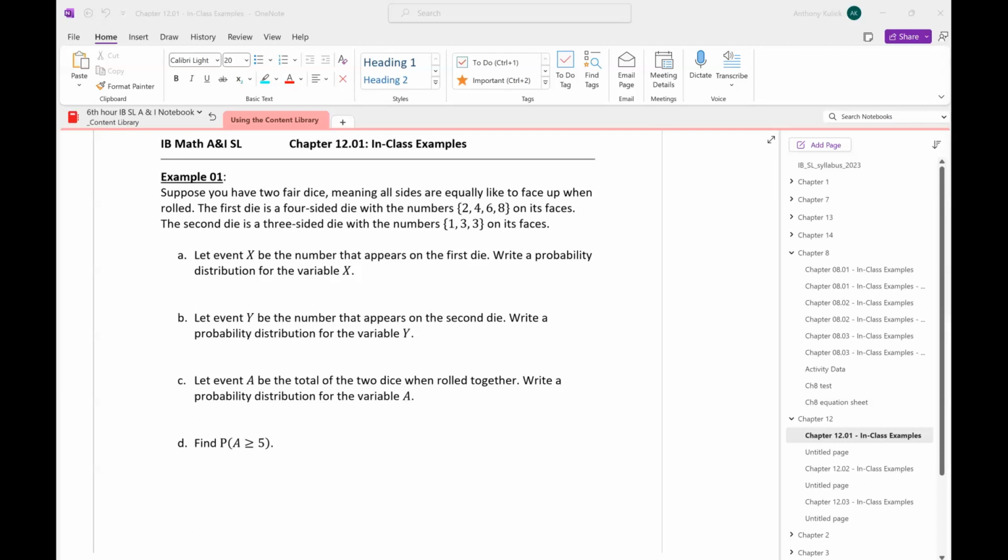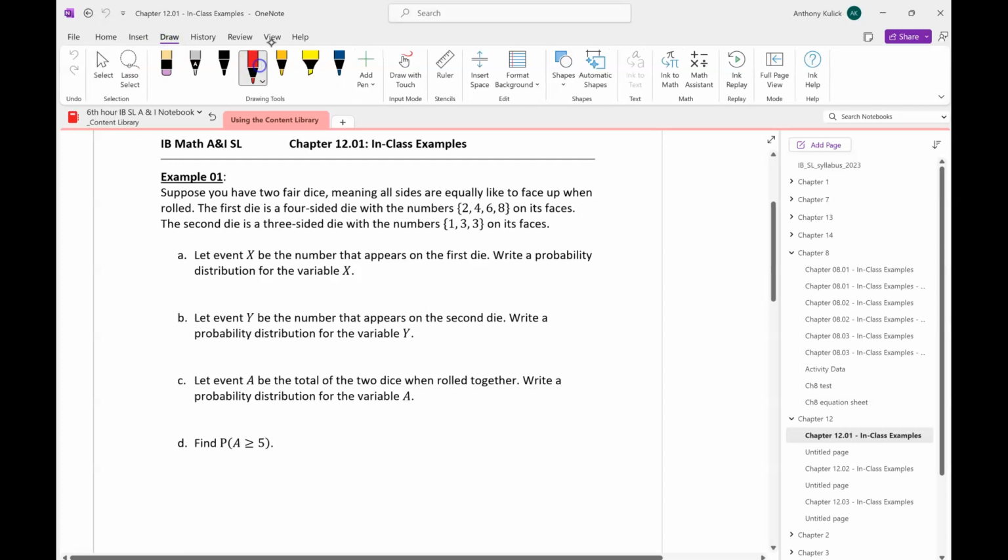So what should a probability distribution look like? It should be a list of all the possible outcomes and the probability that each outcome occurs. Here our situation is the number that appears on the first die. What are the outcomes that can appear on the first die?